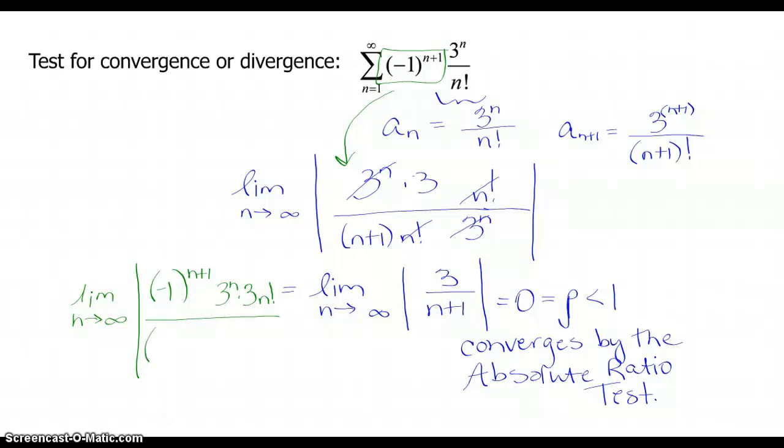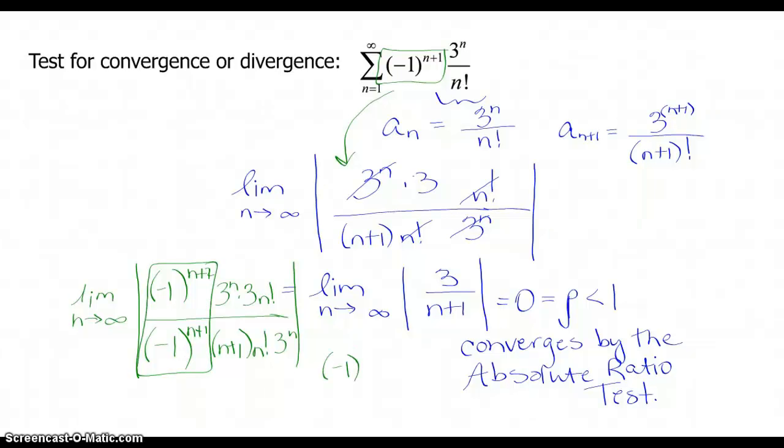And so this is what I'll see. Actually that should be n plus 2, n plus 1, and then we would have n plus 1 and n factorial and 3 to the n down here. So that's what it would look like. And students do this and they don't know how to clean it up.